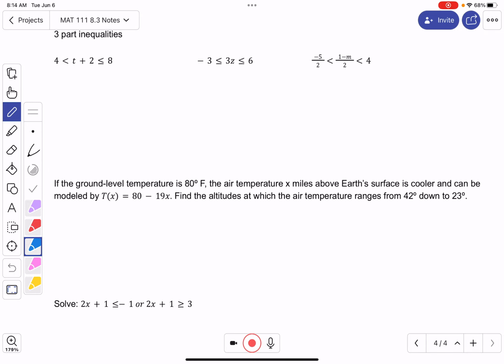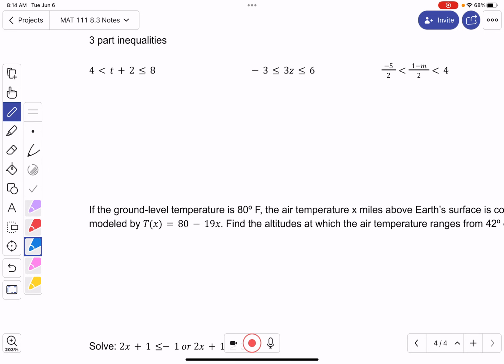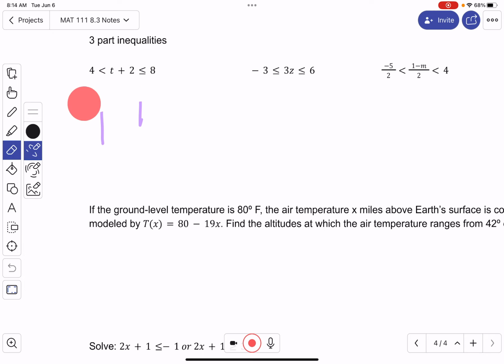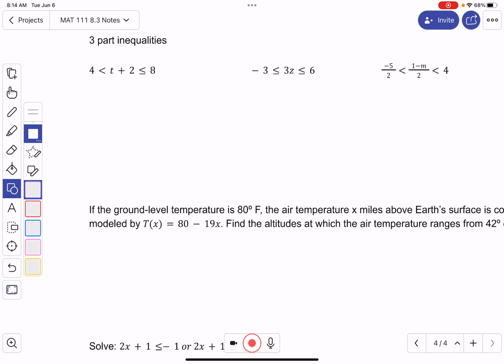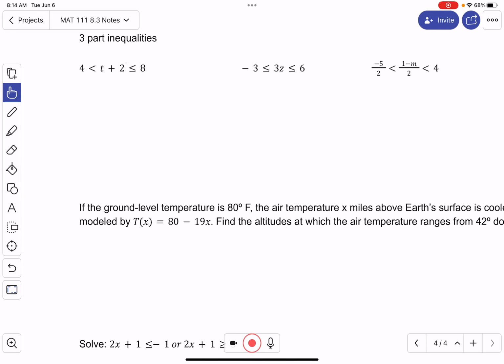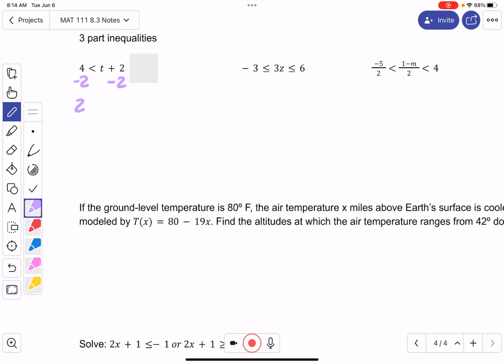Finally, in this section, we look at 3-part inequalities. It's called 3 parts because we have one part here, then an inequality sign, one part here, then an inequality sign, one part here. We solve it exactly the same way. There's just 3 parts. So for example, if we only had this, the first thing we would do is subtract 2 from both sides. 4 minus 2 is 2, and we would get that.